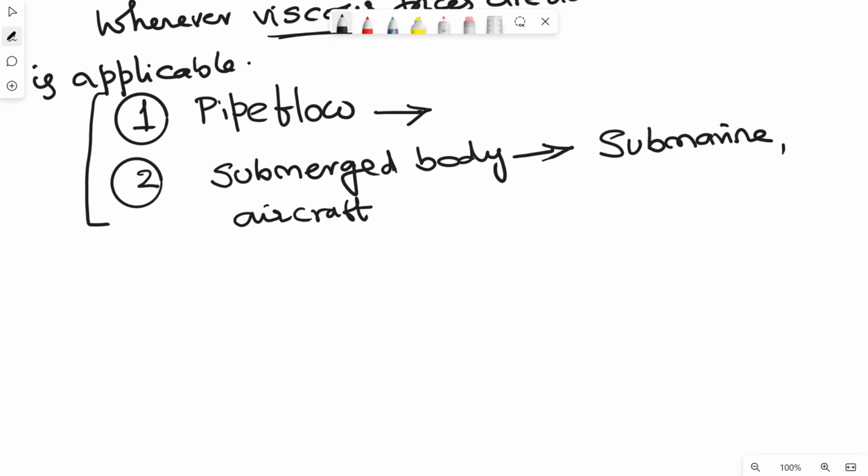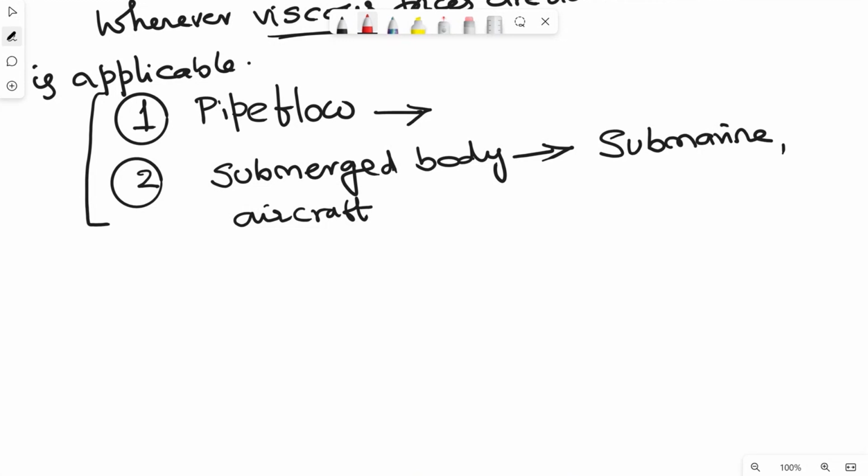Now I will show you one or two problems based on this particular model law, related to pipe flow and submerged bodies.